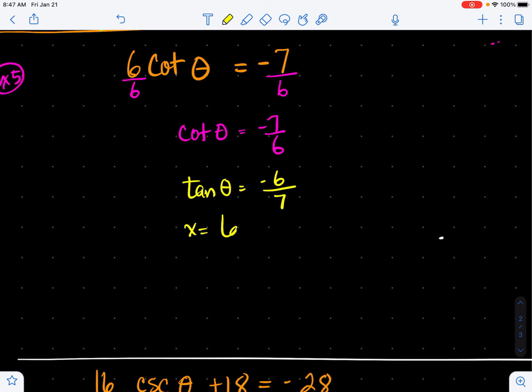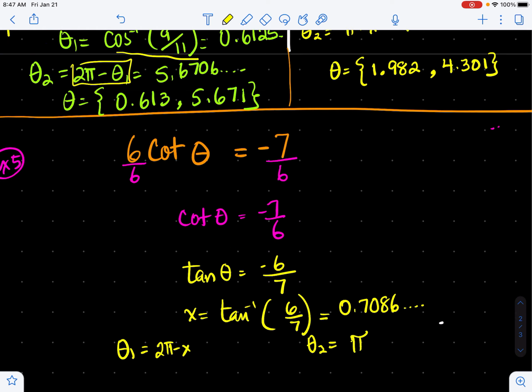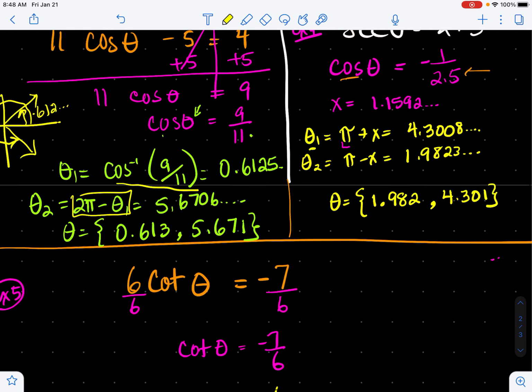We can find x by going tangent inverse of 6/7 to get the x value, 0.7086, and that shall help me find both the angles. First one can be found by going 2 pi minus x, and the second one can be found by going pi minus x.